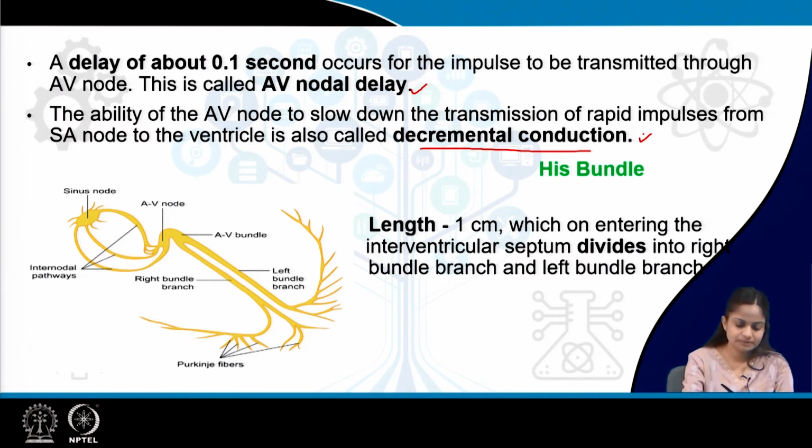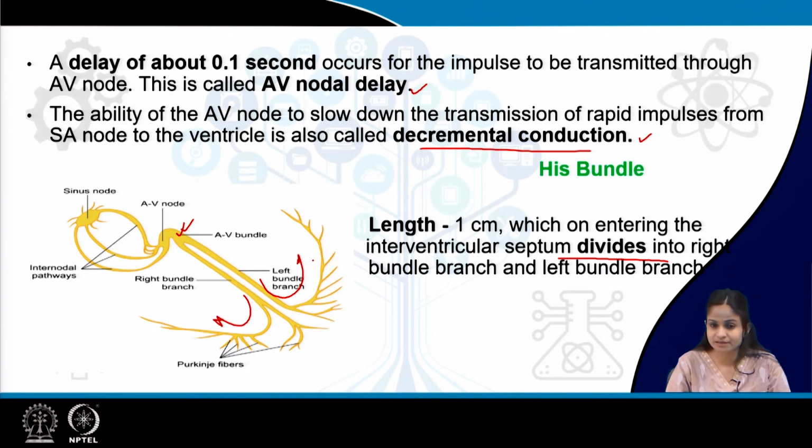Next, coming to the His bundle. The His bundle is also connective tissue, and it rises from the AV node and terminates at the level of the Purkinje fibers or the apex of the ventricle. The His bundle, on entering the interventricular septum, divides into the right bundle branch and the left bundle branch.